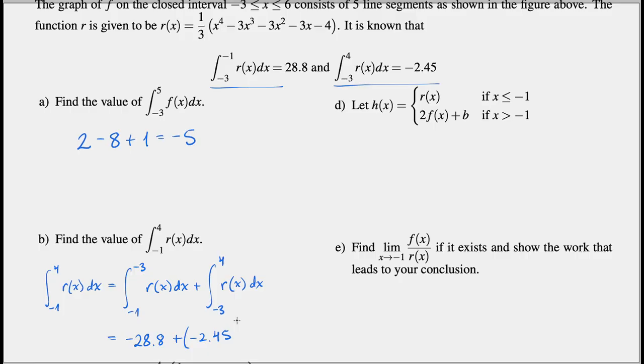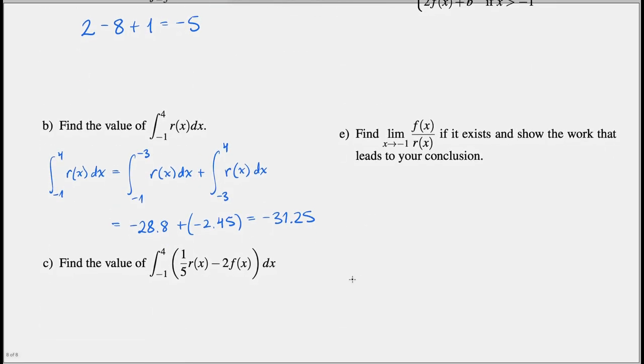Okay, and then we can just combine these, and that's negative 31.25. Okay. And so anytime you're given an integral, if you already know definite integrals, you want to look if there's some way that you can combine them to get what you are looking for.